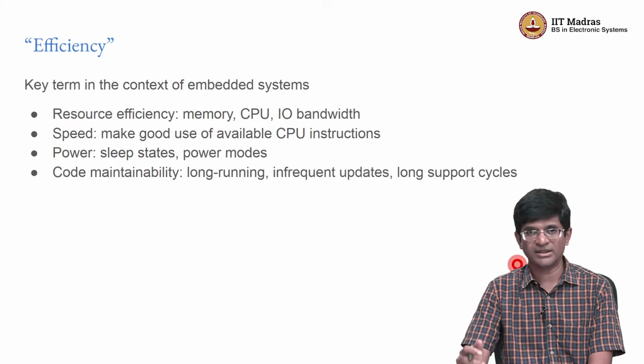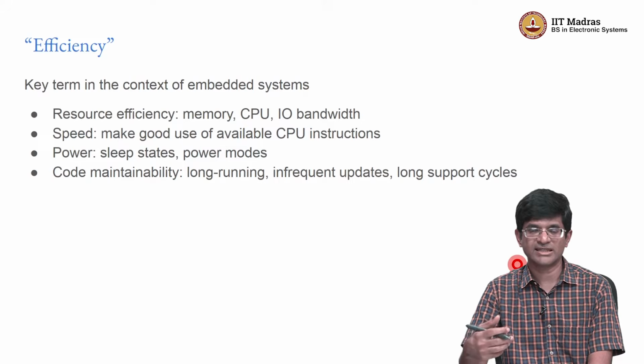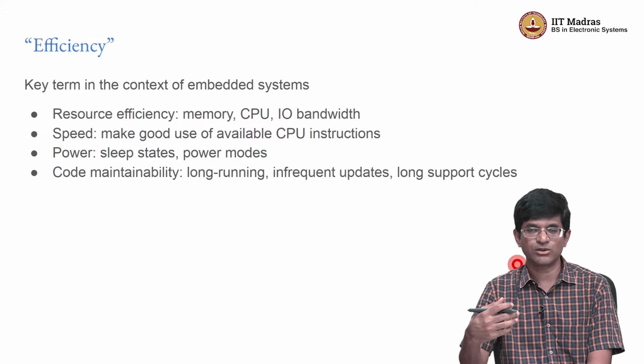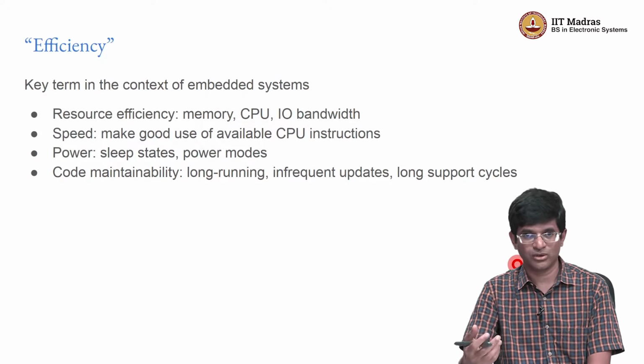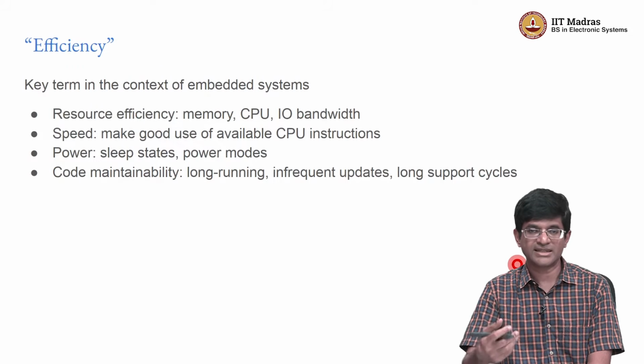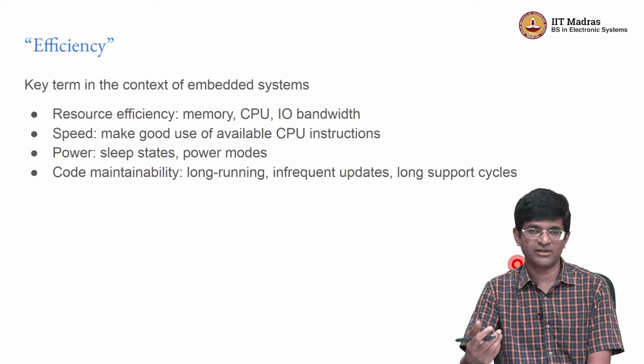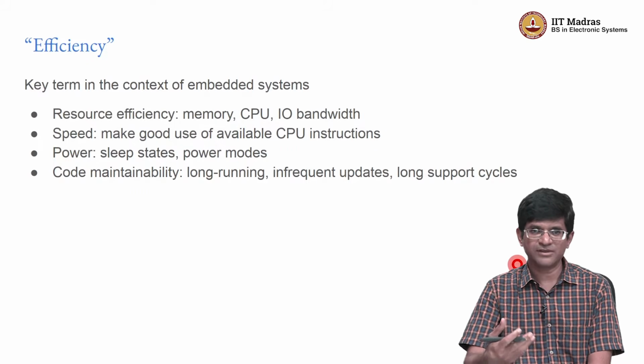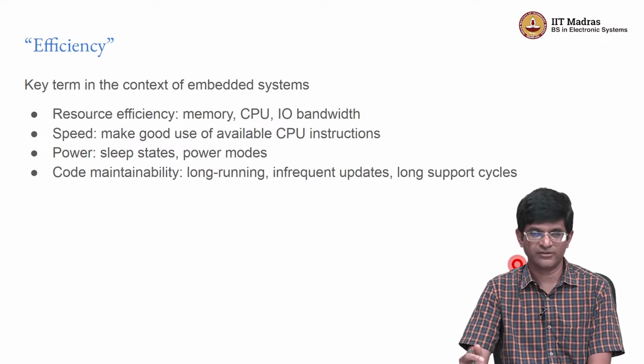And one other dimension of efficiency comes down to just the code maintainability, right? Especially in contexts where this is something that needs to be maintained and possibly updated over time. Even just how well is it written and how easy is it for someone else to understand and update the system can have a significant impact in terms of efficiency. So you can sort of see from this that it's not a formula that you can just apply and say, hey, this is efficient or this is not efficient.